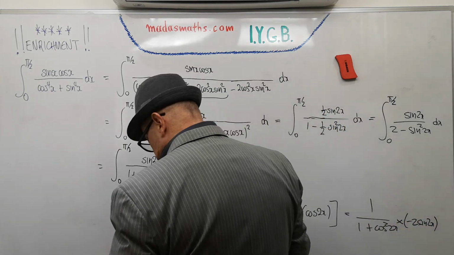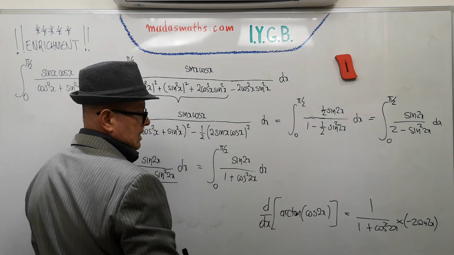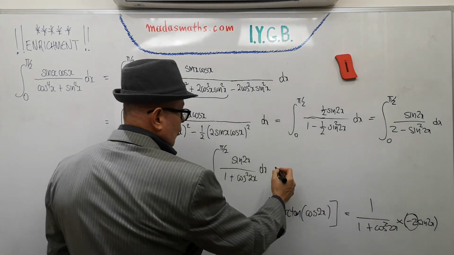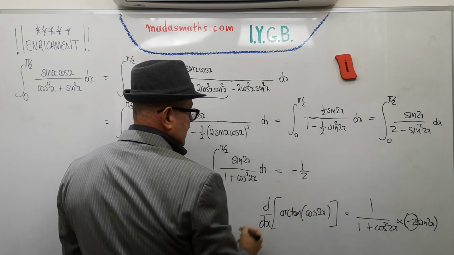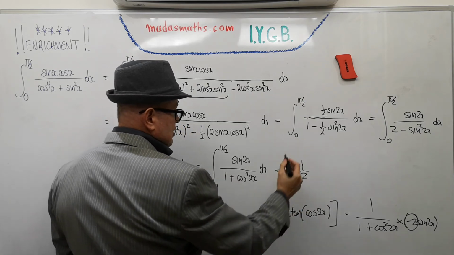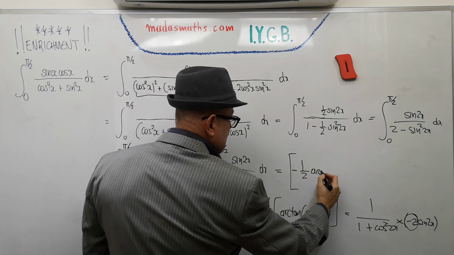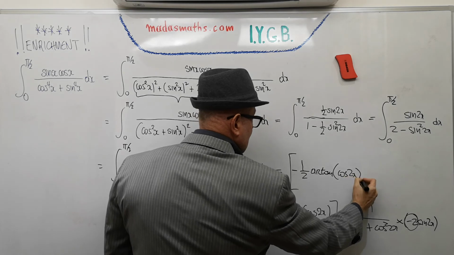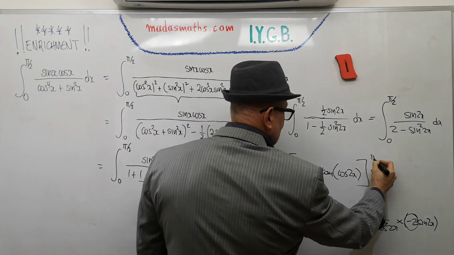Look now at my integral, and look what happens when I differentiate that. I've got everything except for this negative 2. So this is just a reverse chain rule, recognizing the differentiation that took place. So that's minus a half the arctan of the cos of 2x evaluated between 0 and pi over 2.